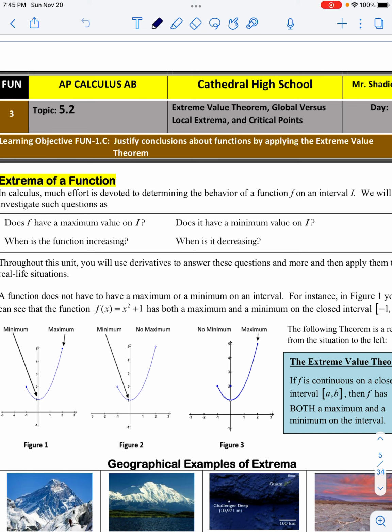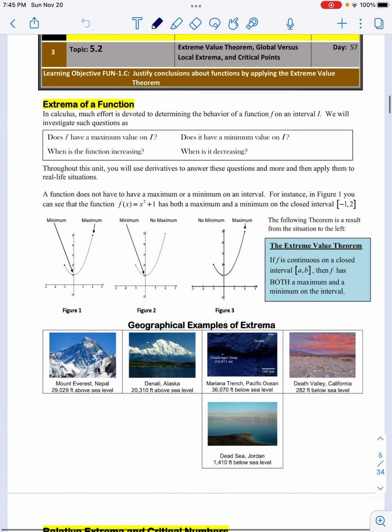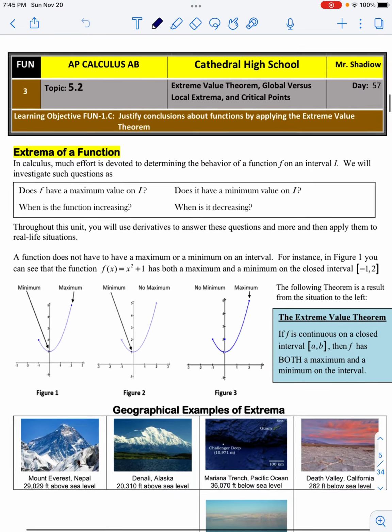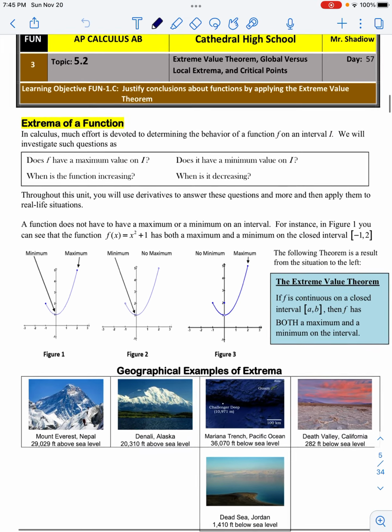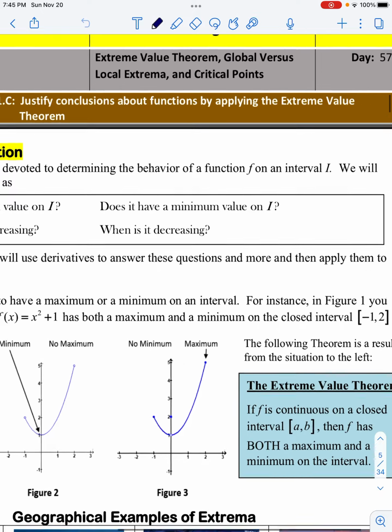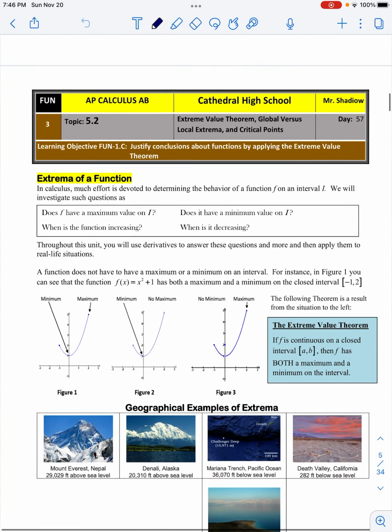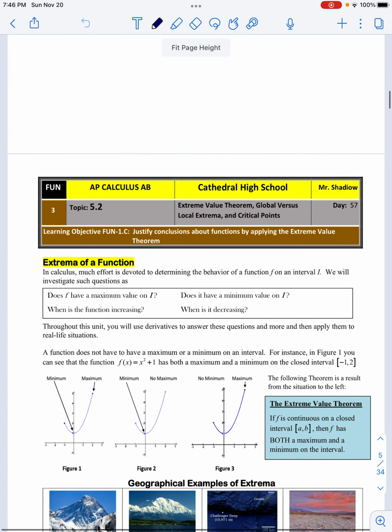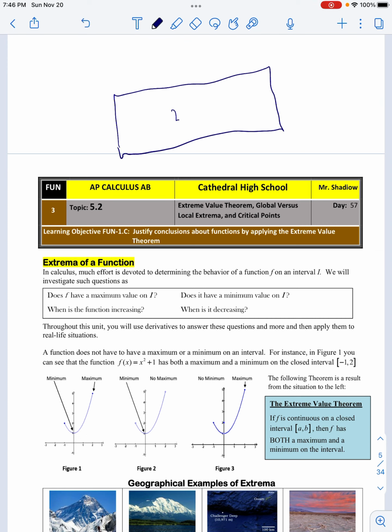my pre-cal kids just had this on their test. There were some test problems where you had to find the maximum and minimum values of a function over a given interval, okay? So it'd be like, there's a rectangle and its area is 200. Find the length and width that maximize the perimeter of the rectangle.